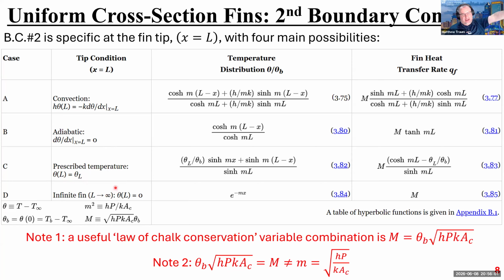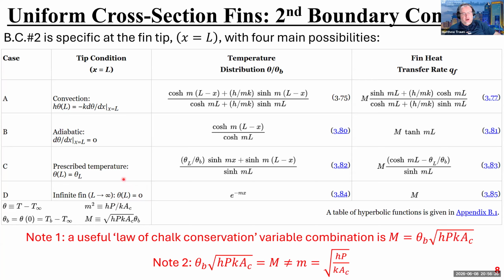And because the fin is infinitely long, eventually it will reach the same temperature as the ambient temperature. And so theta at some length, which is infinitely far away from the root, is zero because you don't have any more temperature gradient at some point. So we're going to talk about that one a little bit more because that one's a little weird.